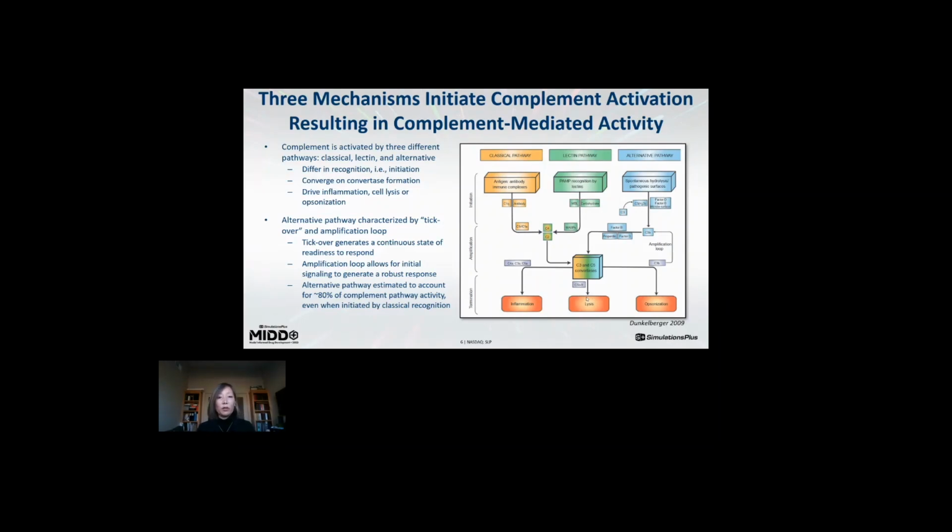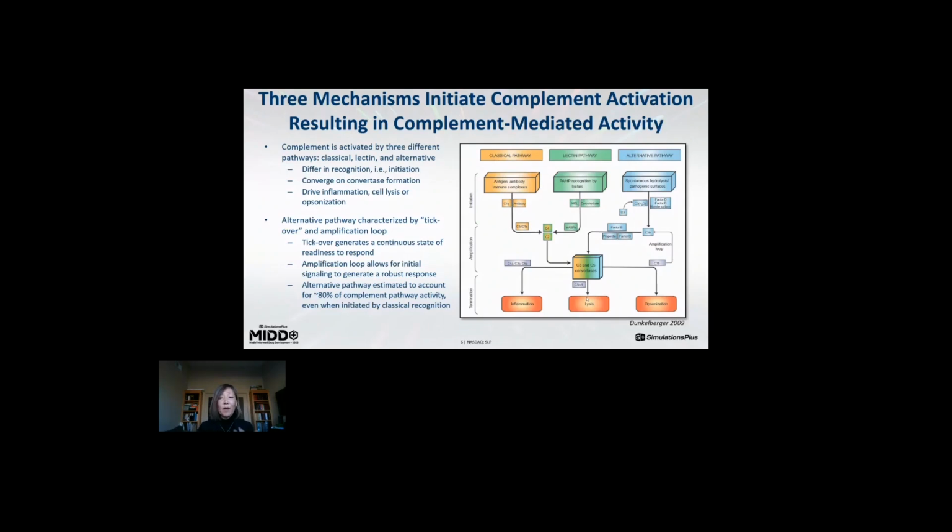It provides a low-level hum, like the motor is running and ready, so that if you end up having an infection or something else that kicks off activation, say via the classical pathway, the alternative pathway is ready to go.